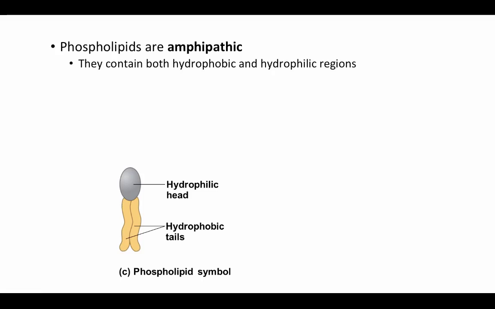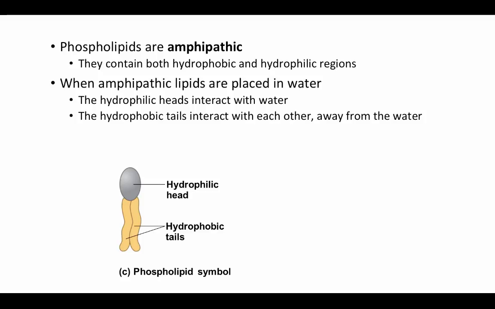So phospholipids are what we call amphipathic, and that's just what we just described, having a hydrophobic and a hydrophilic region. So we can diagram this in kind of a cartoony way, putting a hydrophilic head and these 2 hydrophobic tails to symbolize a phospholipid. So when these amphipathic lipids are placed in water, the hydrophilic heads are going to interact with the water.